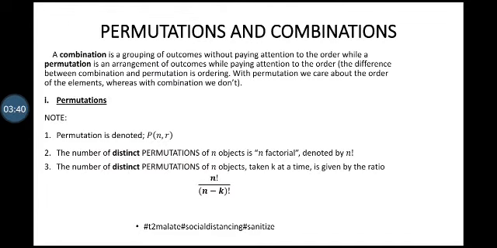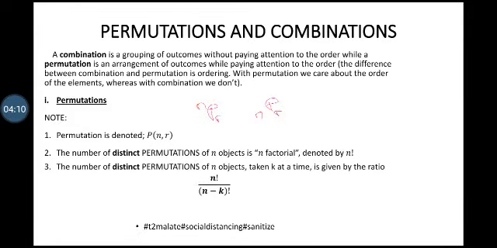Sometimes it's also written as nPr, or P with an n and an r down there. These notations simply mean permutations: you have n terms and you're choosing r terms at a time, or choosing k terms at a time. But then we also have this factorial introduced.